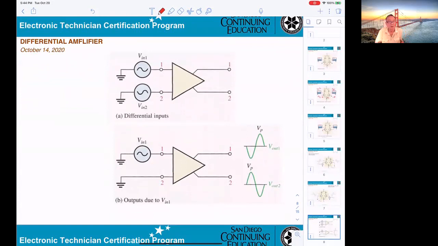So how can the output look? Okay, for Q1, output 1 will be out of phase. For input 2, output 2 will be in phase. One will be CE, and the other one will be CB.